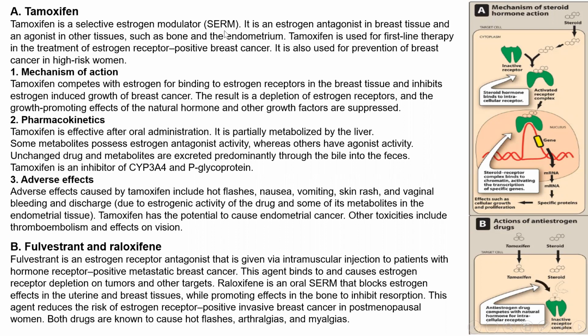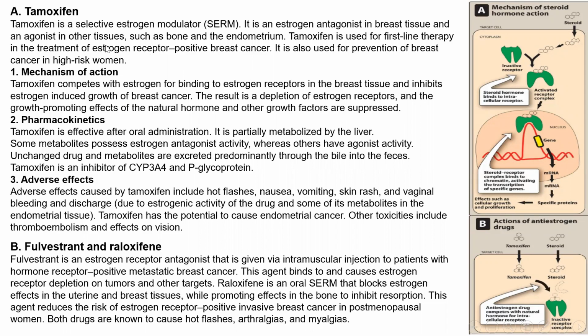We took this term with osteoporosis, and it means this drug is an agonist to estrogen receptors in certain tissues, and an antagonist to estrogen receptors in other tissues. So it depends on the kind of tissue.